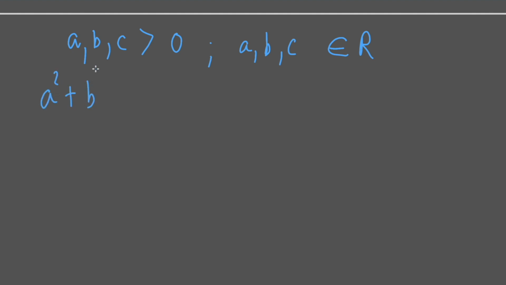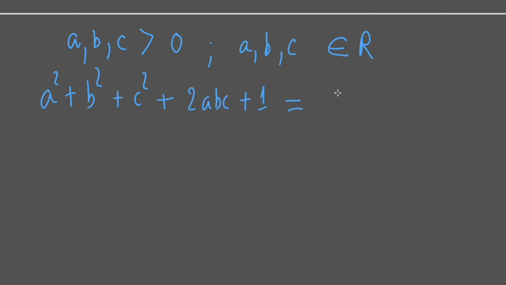Okay, from the problem we have a, b, c greater than 0 and a, b, c are real numbers. On the left hand side, that is a squared plus b squared plus c squared plus 2abc plus 1.